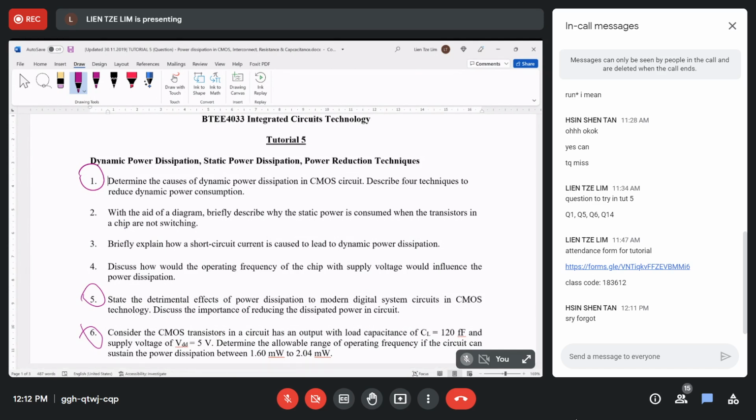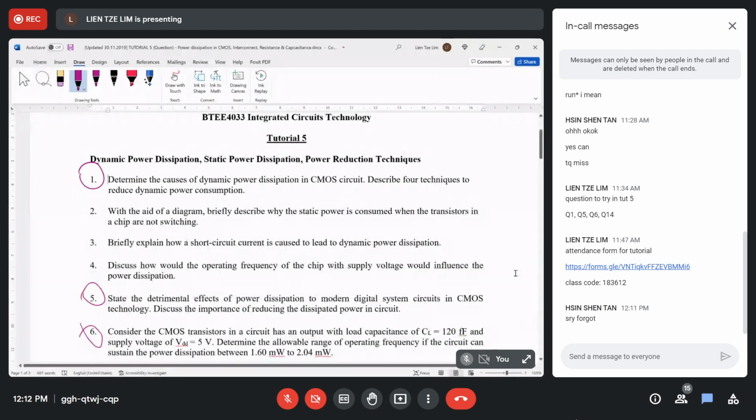Let's have a look at question 1. This tutorial 5 is on dynamic power dissipations and static power dissipations. So the questions here all are about power dissipations. Question 1 is to determine the causes of dynamic power dissipations in CMOS circuit, and describe 4 techniques to reduce the dynamic power dissipations.